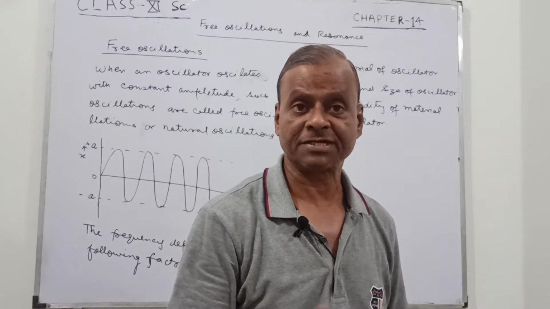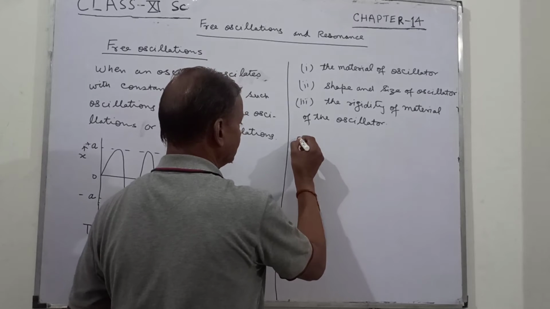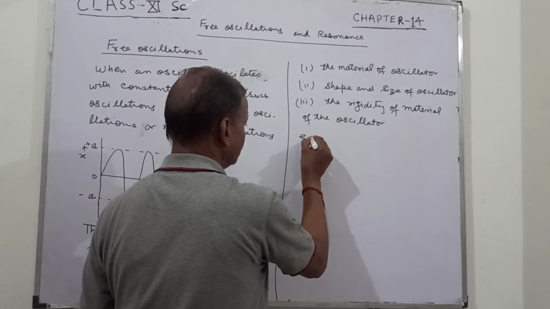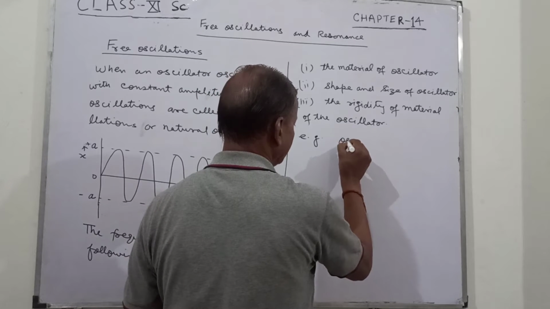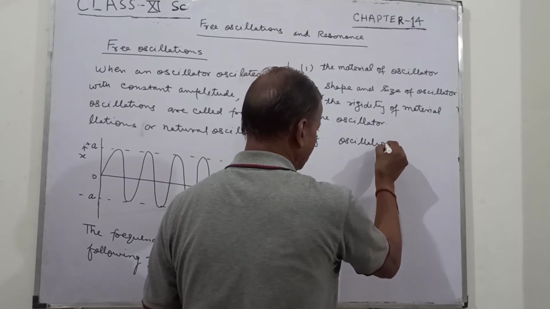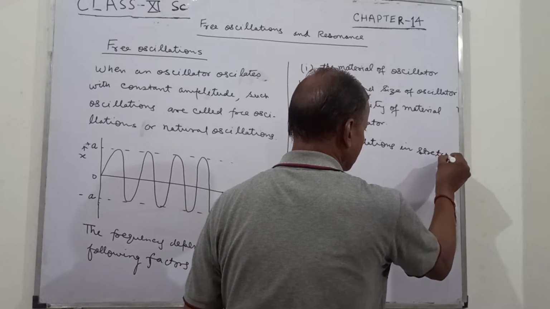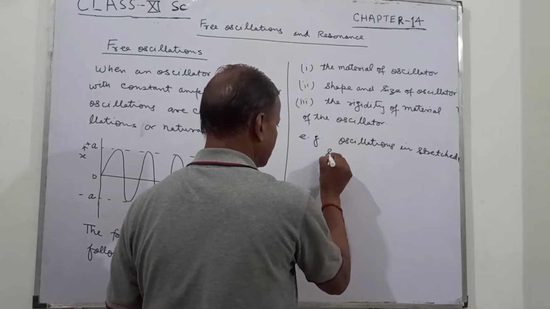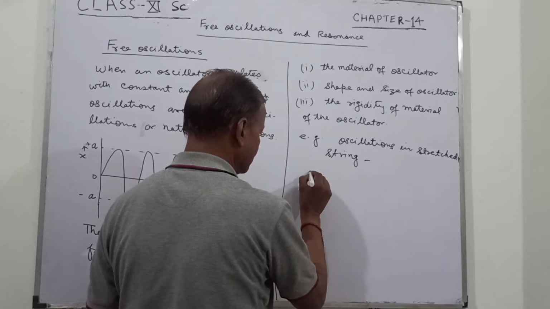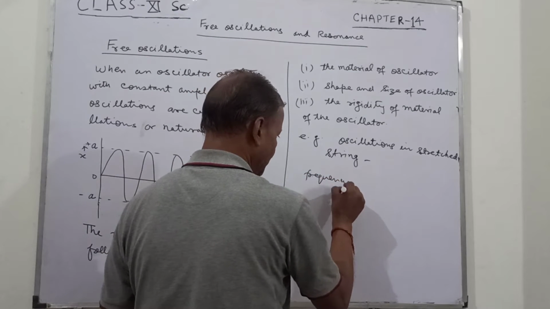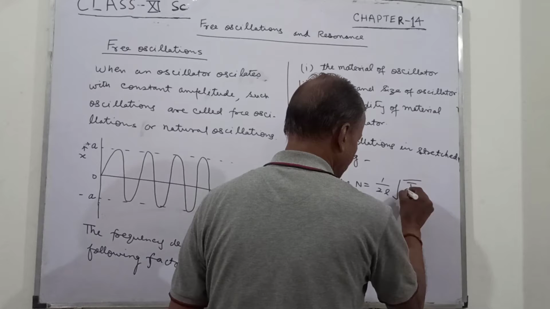And you can see that if we have a stretched string, oscillations in a stretched string have natural frequency n equal to 1 upon 2L square root of T upon m.